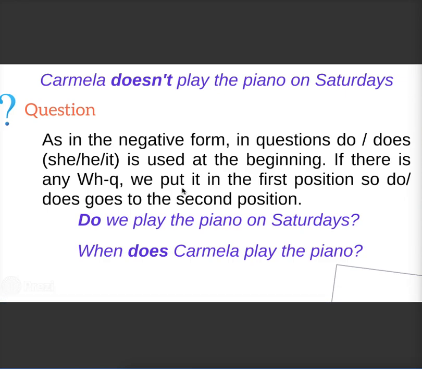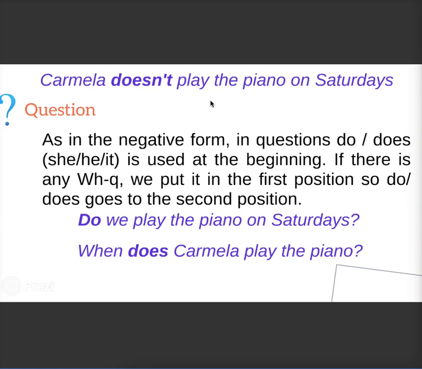As in the negative form, in questions does, she, he, it is used at the beginning.